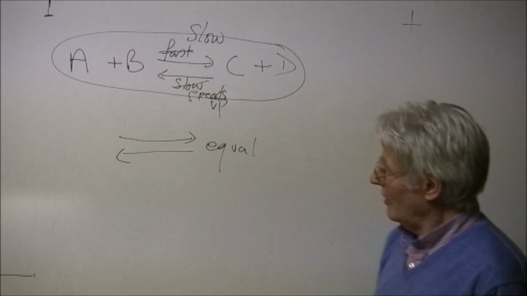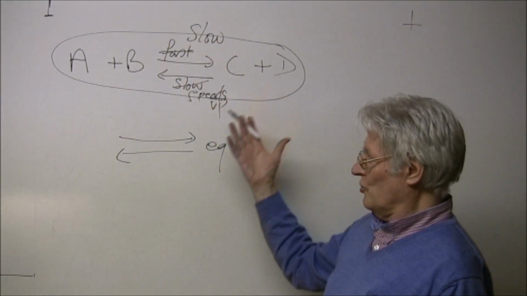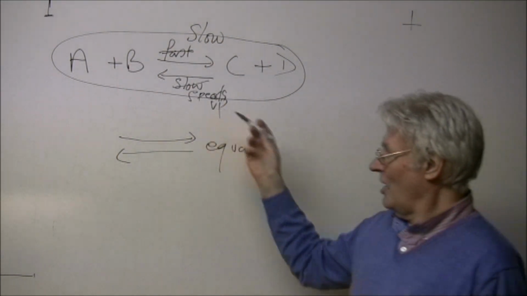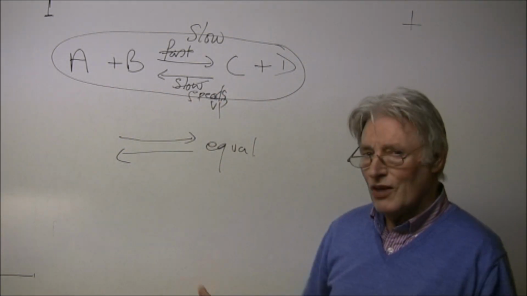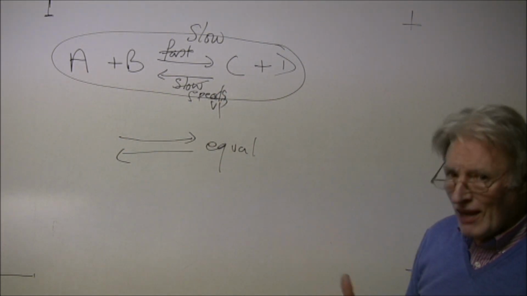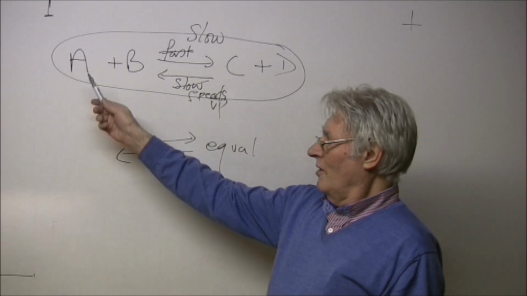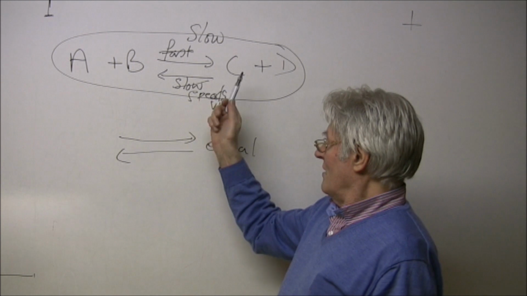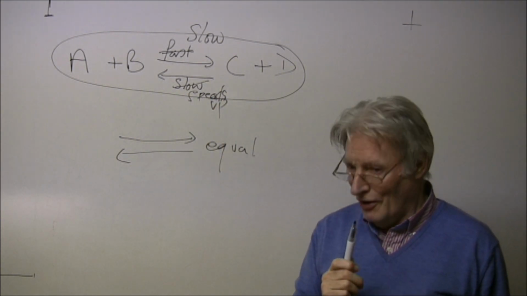Dynamic, that simply means that there is continuous change going on all the time in both directions. A and B, C and D are continuously reacting. But because it's happening at the same rate, it means that at equilibrium, the amount of A and B and C and D present are constant. Not equal, but constant.